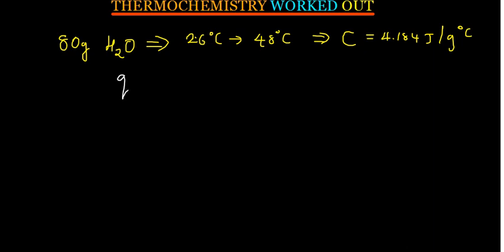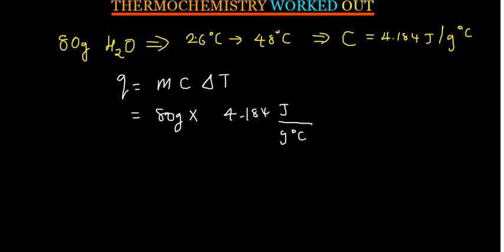Heat is given by mass multiplied by specific heat capacity multiplied by the change in temperature. The mass of water given is 80 grams. I'm going to use grams because I can see the specific heat capacity is also given in grams, so make sure the units are balancing. Then we multiply by 4.184 joules per gram degree Celsius, and then by the change in temperature, final minus initial, 48 minus 26, in degrees Celsius.